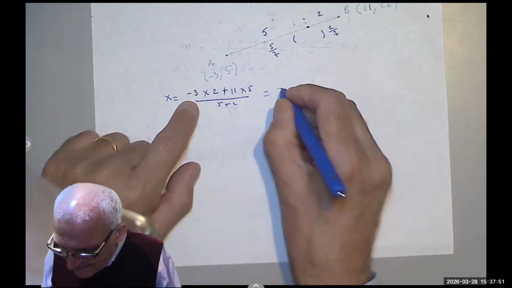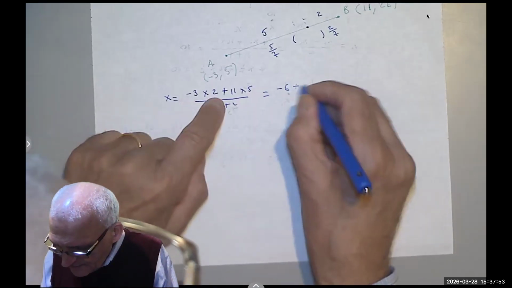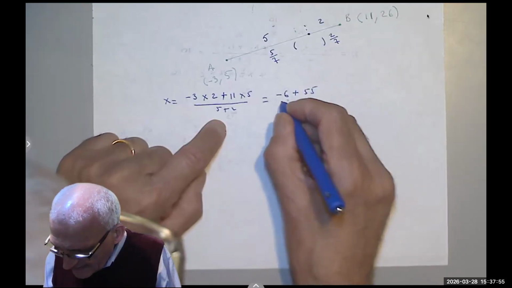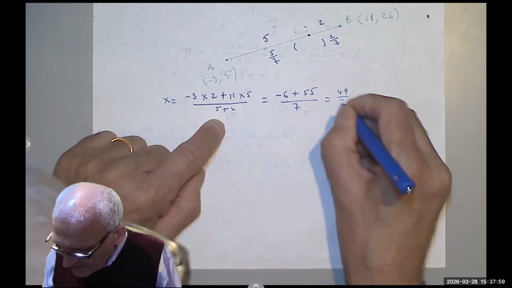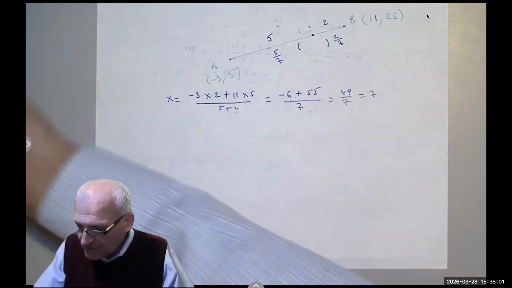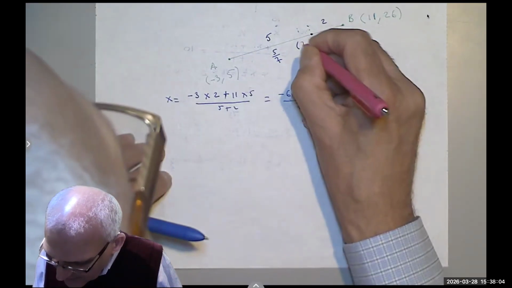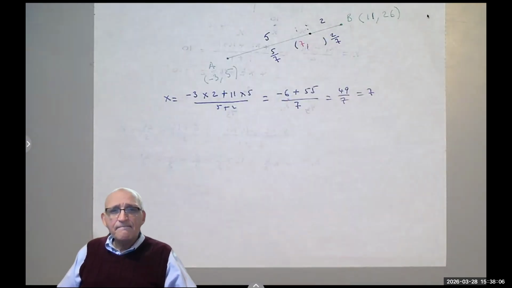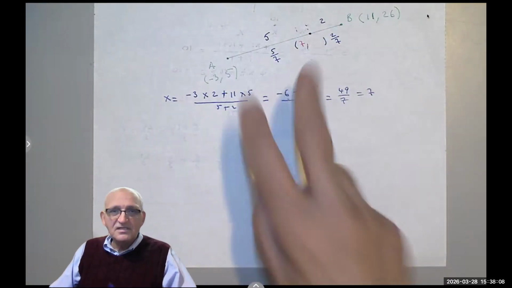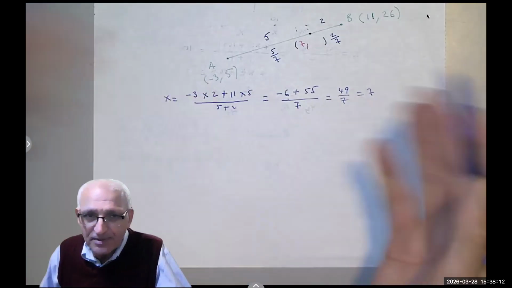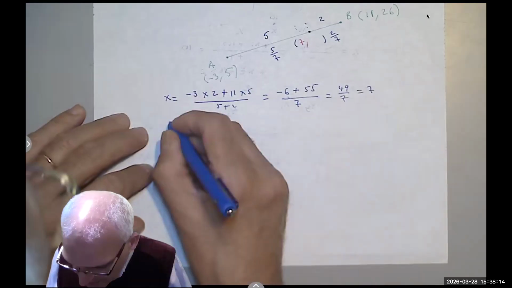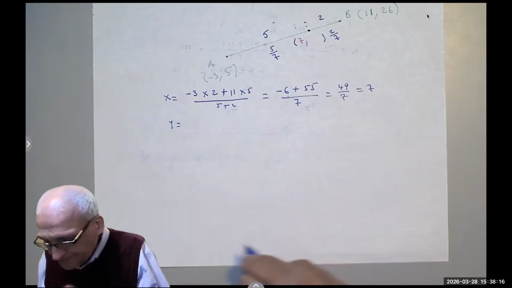So I get -6 plus 55 divided by 7 equals 49/7 equals 7. So the first coordinate is 7. See how easy it is? I pick the numbers far away by a multiple of 7, so we get an integer, but you can get a fractional point. It doesn't matter.